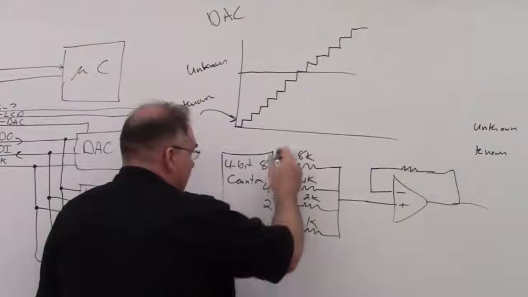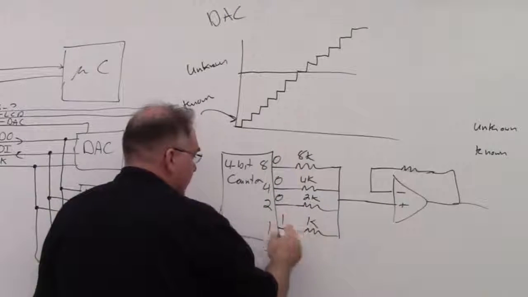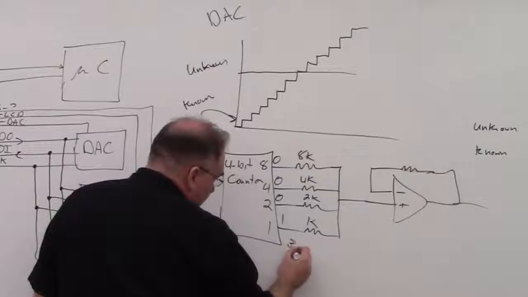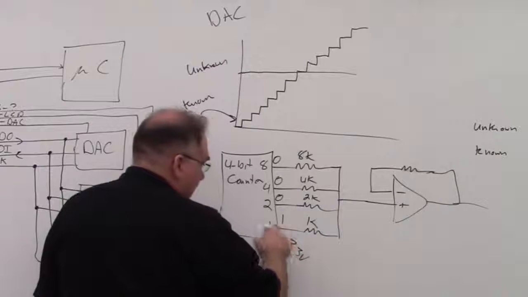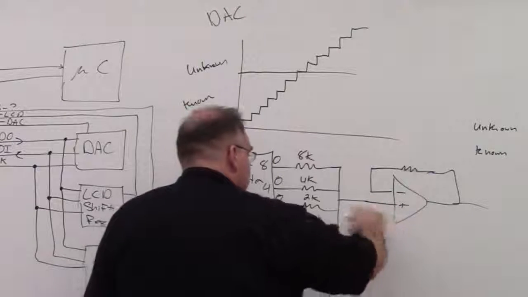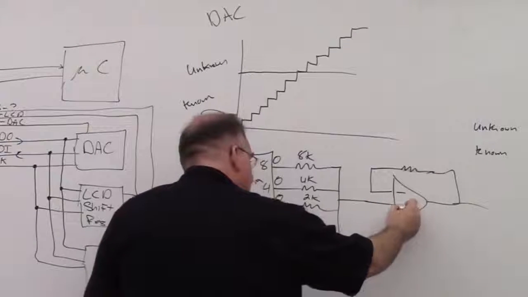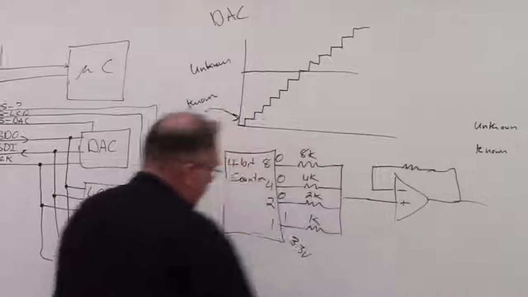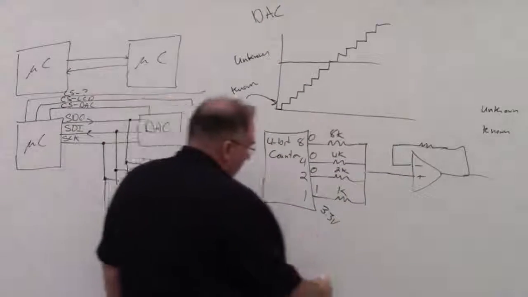So if you have a 0001 here, and we have 3.3 volts going through this 1K resistor, and we have a virtual ground in this op amp, then we could calculate the current using Ohm's law.